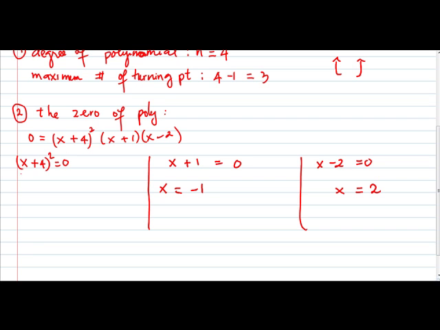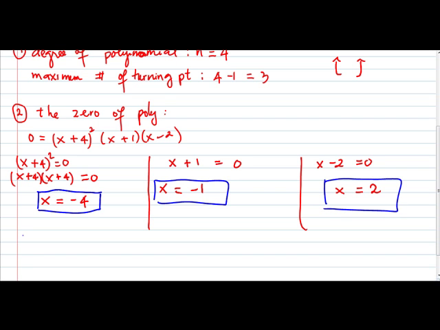This here means x plus 4 times x plus 4 equal to 0. So when you solve for x, you have x equal to minus 4 twice. Because when you solve, it's all the same, so we keep only one minus 4. So right here is the zero of our polynomial.